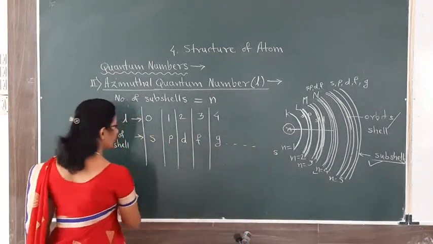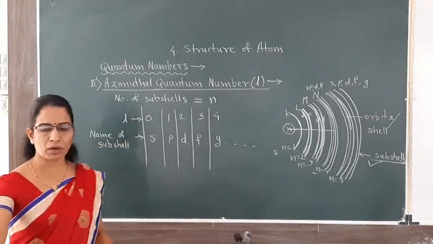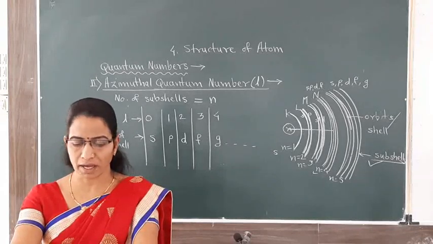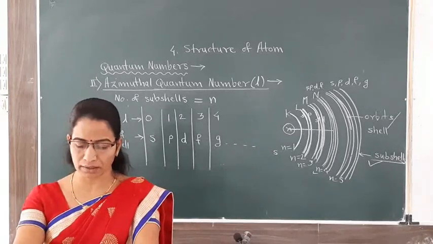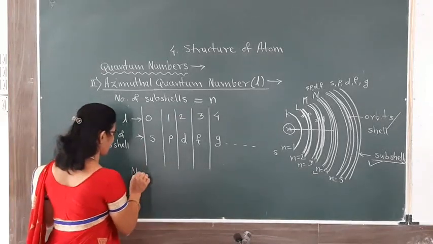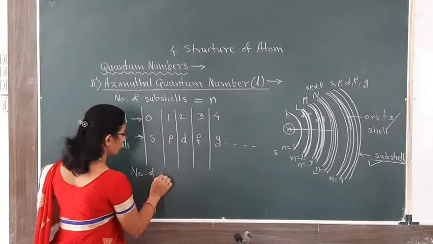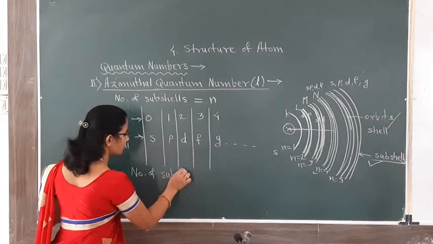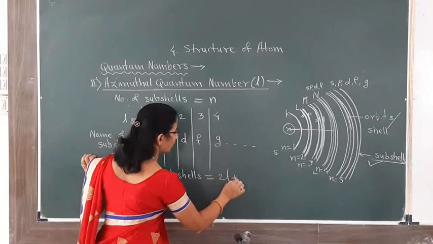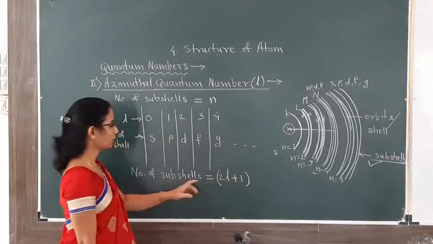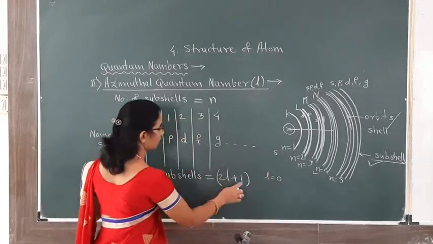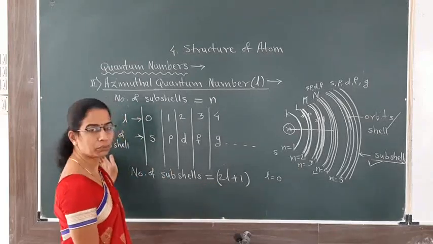Now, here you will observe that the number of subshells present in a shell is given by the value of n, and here the maximum number of orbitals is equal to 2l plus 1. Let's see, if l is equal to 0, the number of orbitals is only 1.